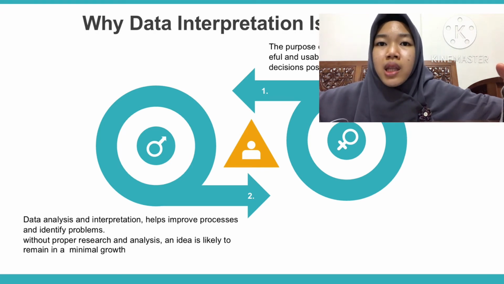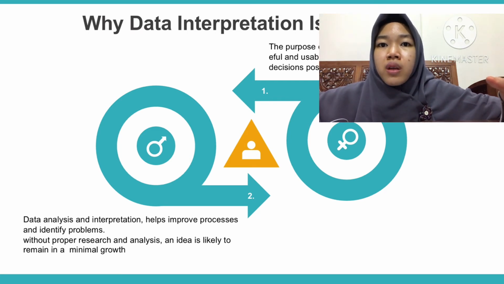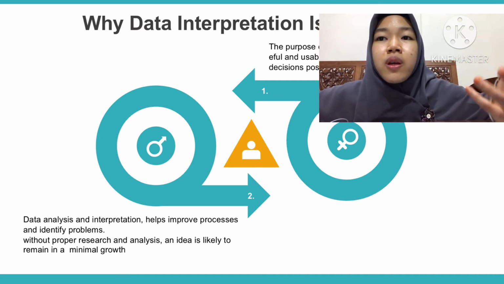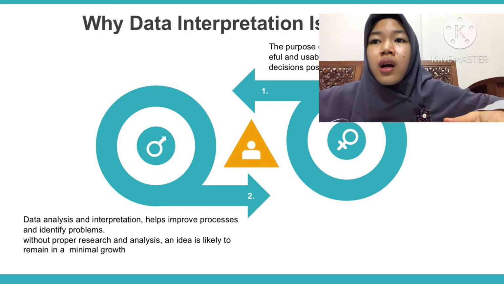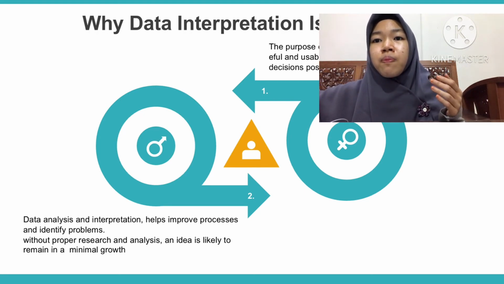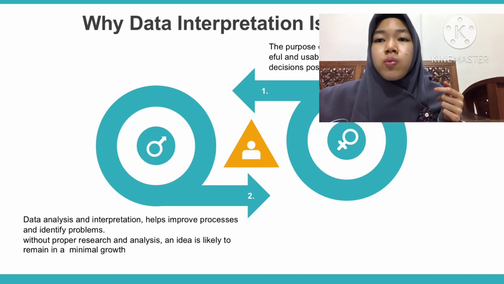The next is identification of data outliers and future predictions, of course. Data analysis and interpretation, in the end, will help improve the processes and identify problems. It is difficult to grow and make dependable improvements without, at the very least, minimal data collection and interpretation.